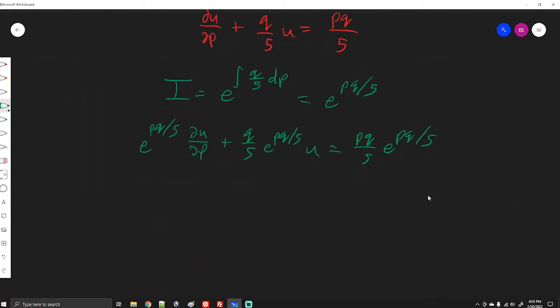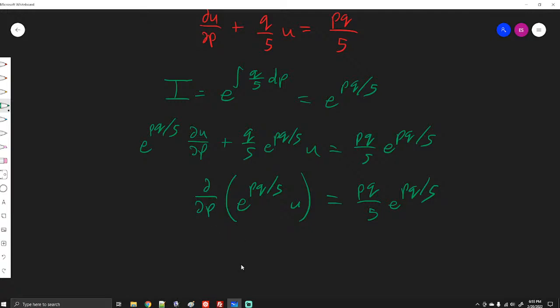So the left side can be written as a derivative by the product rule. And the right side remains as it is. So now to get rid of this partial derivative with respect to p, I'm going to integrate both sides partially with respect to p.